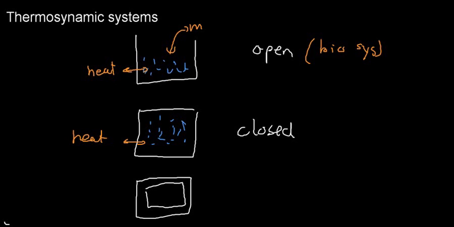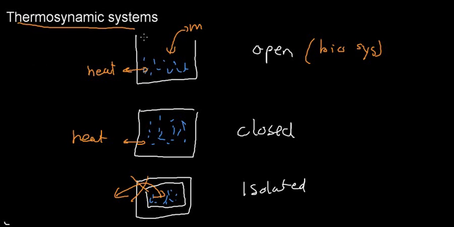And an isolated system is more of a theoretical concept, where you have a system that is totally isolated. No exchanges can occur with its environment; there's no heat and no mass that can move in and out of the system. There's no movement of mass and heat. This is really quite a simple topic. There's not a whole lot I can talk to you about here.